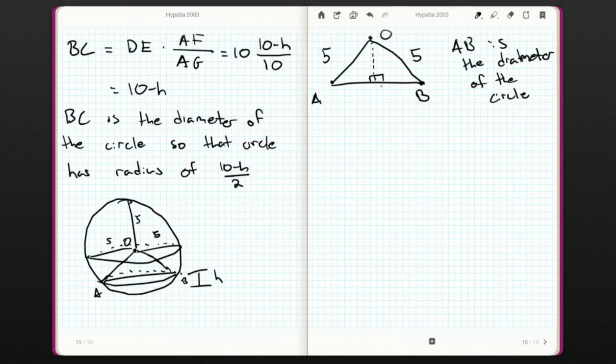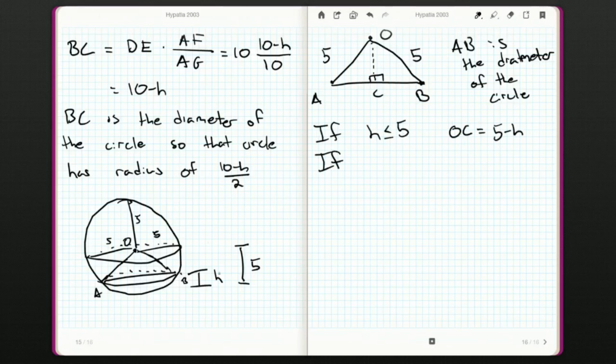So, what else can we say? O sits exactly 5 above the base. Okay? Because the radius is 5, the height is 10. 10 divided by 2 is 5. So that's the height there. So we know that if h is less than or equal to 5, we'll give this guy named C, OC is 5 minus h.